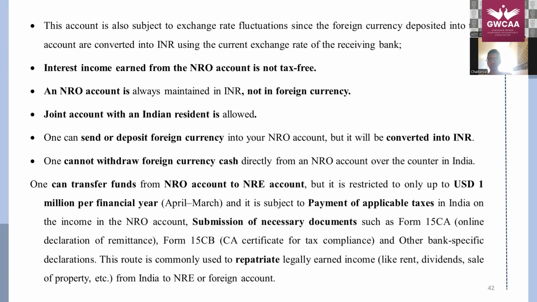So this is how the whole transaction will take place, and how a non-resident Indian will show his income in the Indian income tax return, and how he can transfer the funds he has earned from India to out of India.